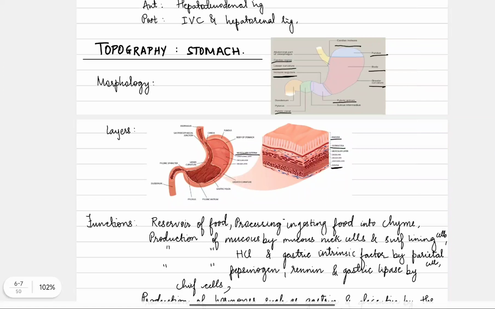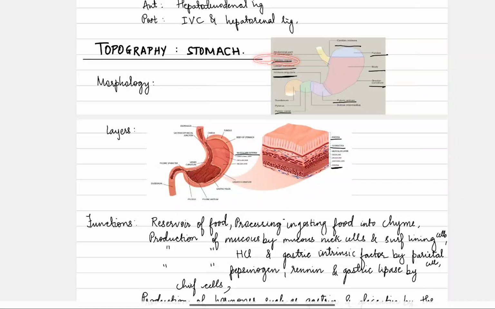Next is the topography of the stomach. Morphologically, the stomach is divided into several parts: fundus, body, pyloric part or antrum, pyloric canal, pylorus, and then it moves to the duodenum.